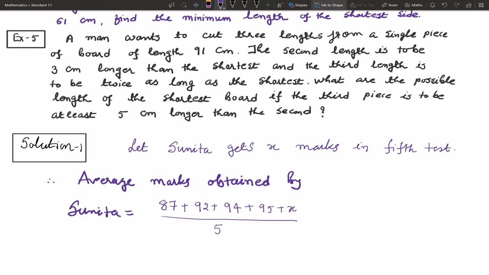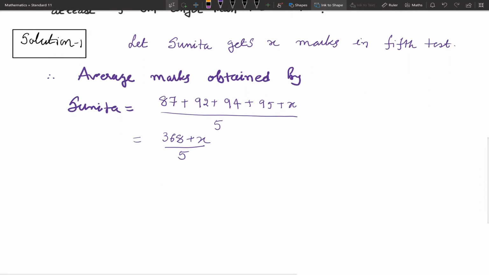So the total is 368 plus X upon 5. The sum is, you can check it, 87 plus 92 plus 94 plus 95, that is 368 plus X.